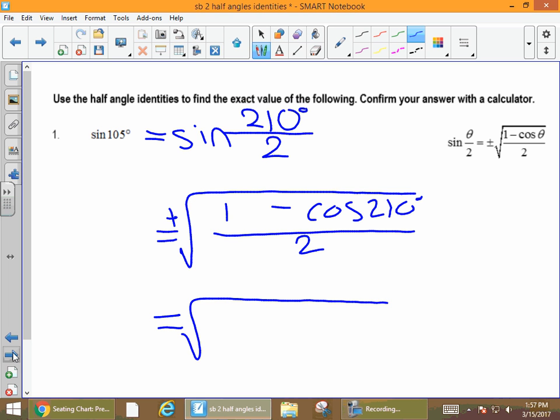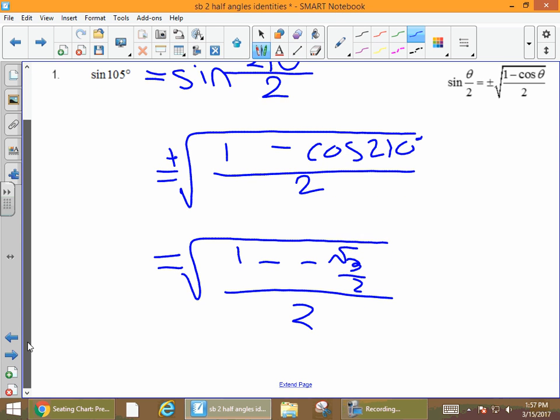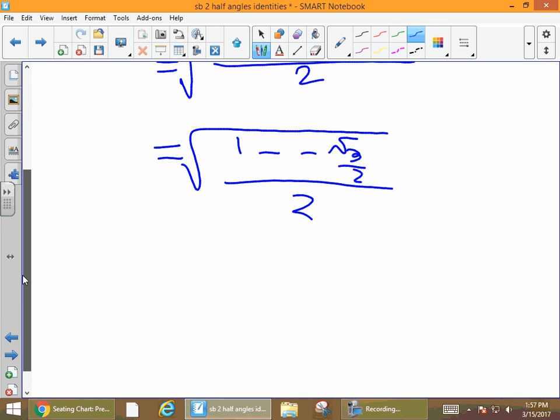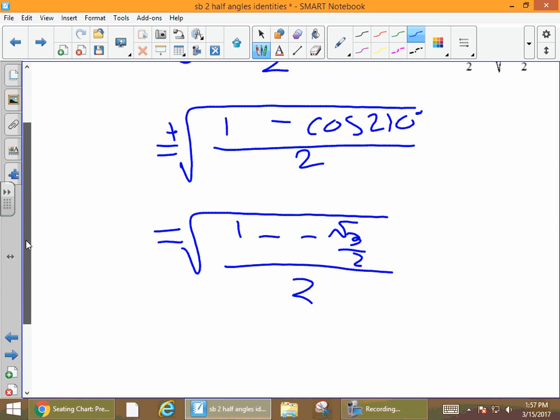So what is the cosine of 210 going to be? Negative radical 3 over 2. So we have 1 minus negative radical 3 over 2, all divided by 2. We just took the cosine of 210 to get negative radical 3 over 2.